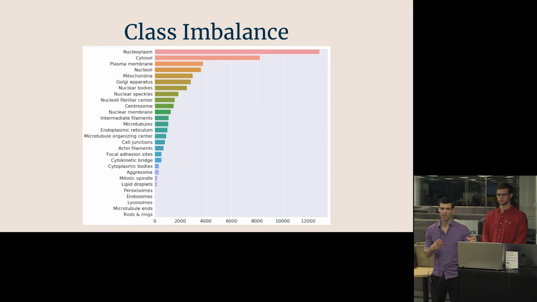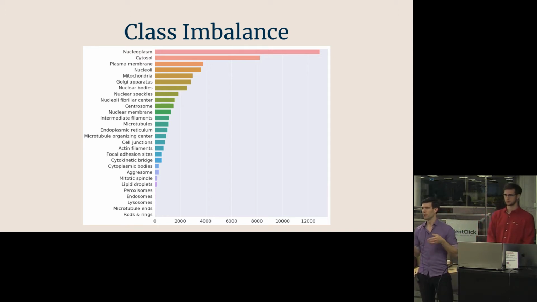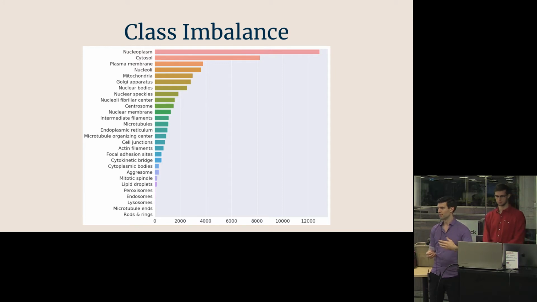So for instance, about 13,000 of the microscope images had proteins that were located in the nucleoplasm, but only a couple of dozen had proteins that were located in the rods and rings. So huge imbalance there by something like a factor of 1,000 in terms of how well these classes are represented.